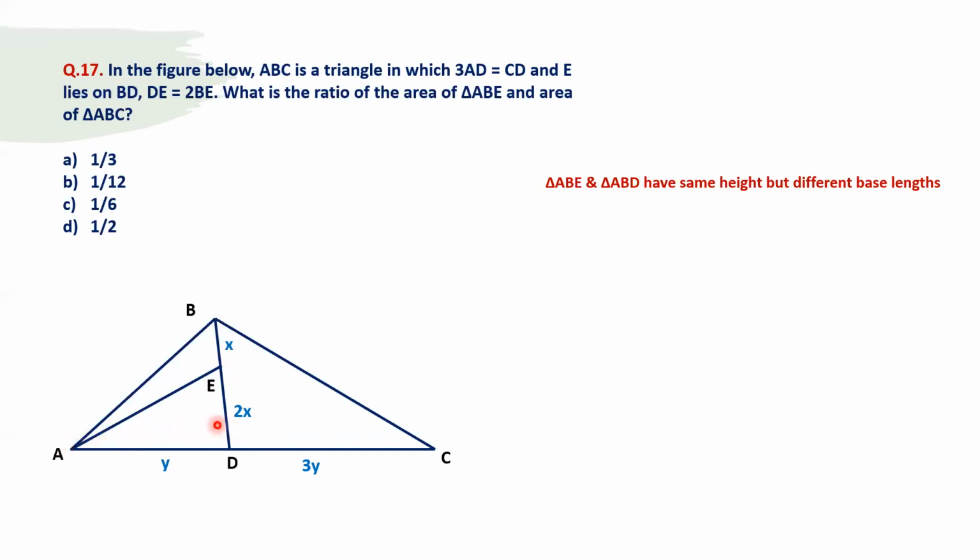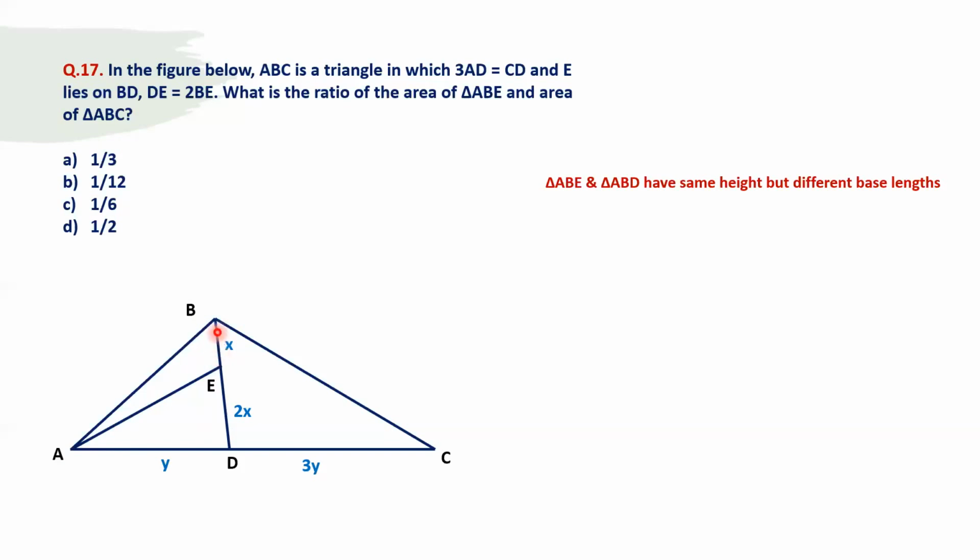Somewhere here the altitude will come, right? And in the bigger triangle also, if I drop an altitude from vertex A, it will be inside the triangle, but the altitude would be the same, right? So the altitude is same, but bases are different.